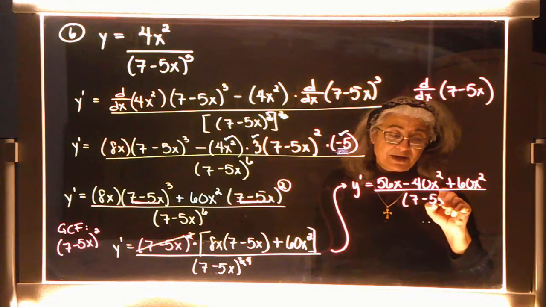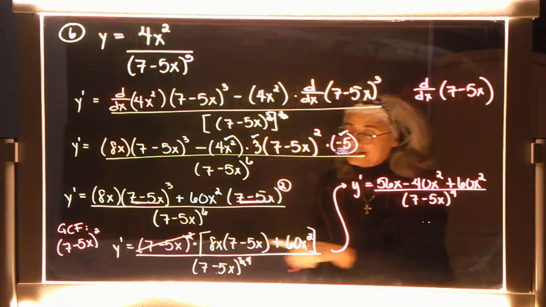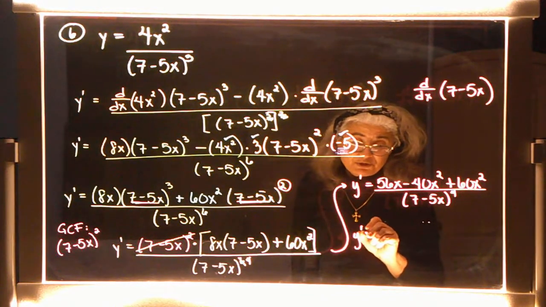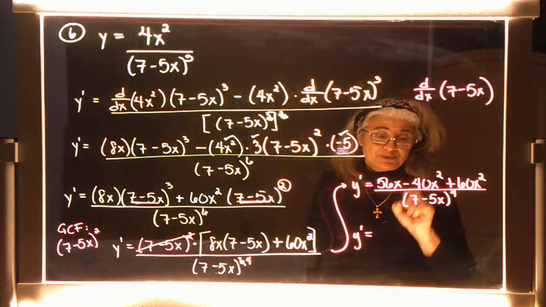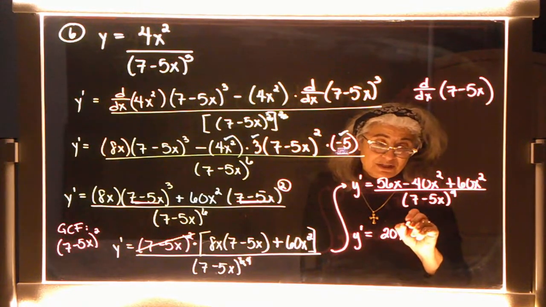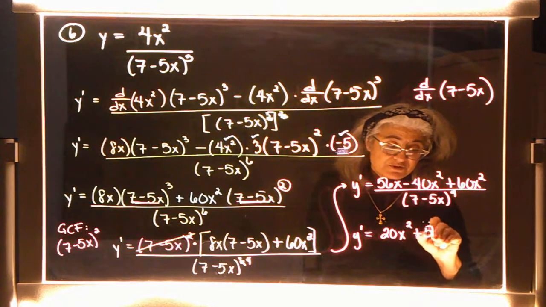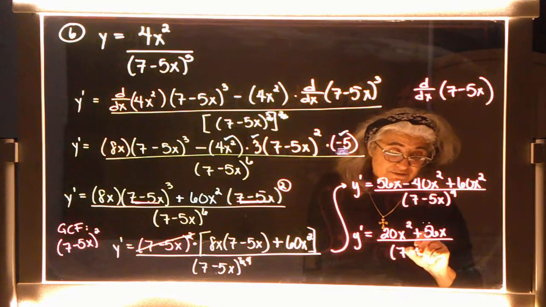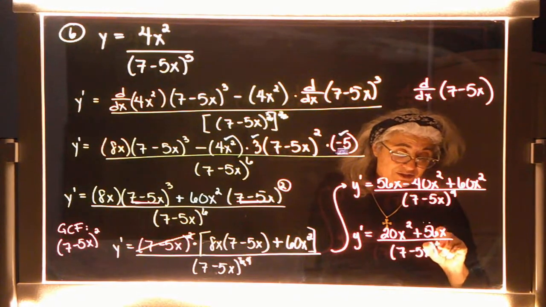Now it's raised to the power of 4 because I canceled 2 from the top and 2 from the bottom. And when I look at the numerator, I can simplify the last 2 terms, and I get a positive 20x squared plus 56x. The whole thing is over (7 − 5x)^4.